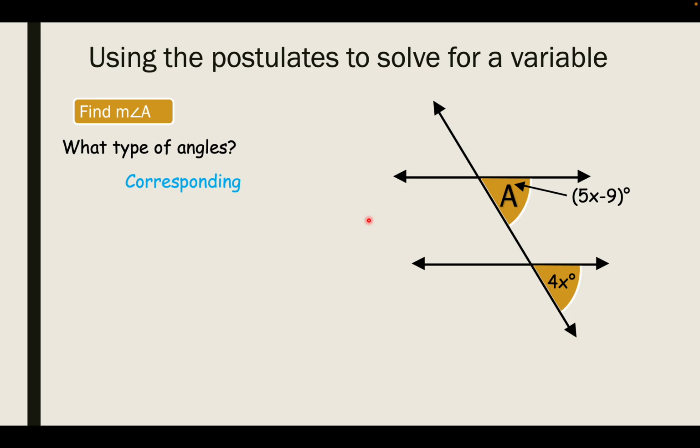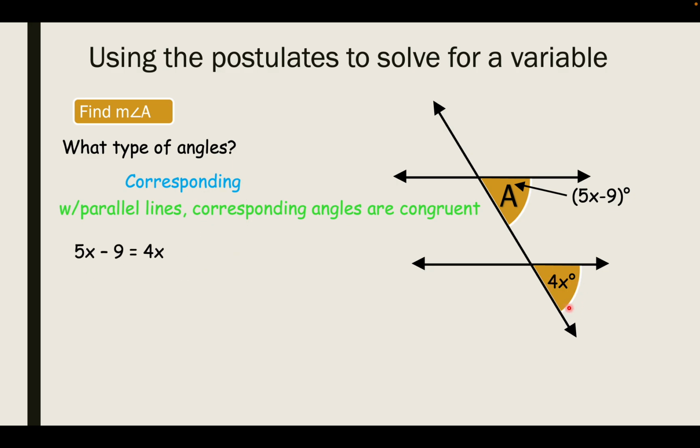And from our parallel line postulate, corresponding angles are congruent. So if I needed to find x in order to help us find the measure of this angle A, I need to set up an equation. Well, this angle equals the same thing as that 4x.